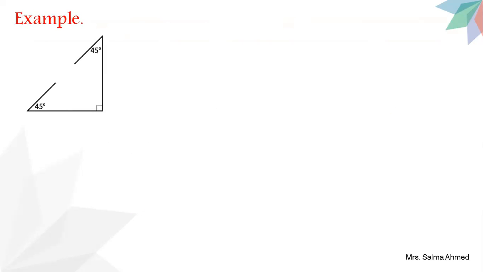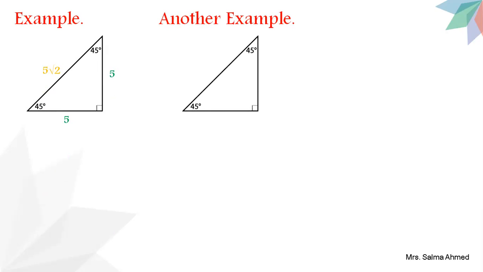Example, if I have this triangle which is 45, and one leg is 5, the other should be 5. Let's follow the rule from the previous slide, that the hypotenuse should be x root 2. So it will be 5 root 2 exactly. Another example, if I have a triangle with leg 8, the other will be 8.